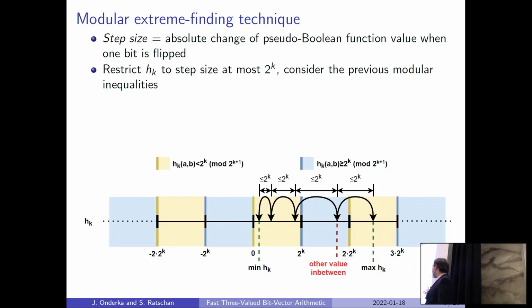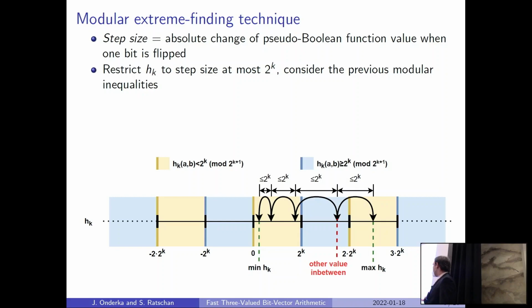If we look at the extremes of h_k, the minimum and the maximum, three things can happen. Either the minimum and the maximum are both in just one of the areas, the same square, and then it is obvious that only one of the inequalities ever holds.